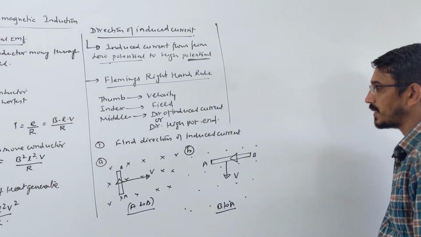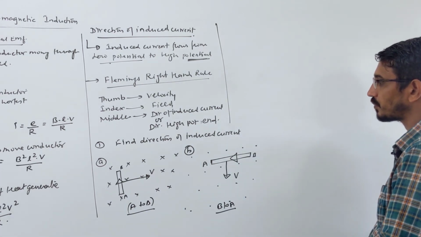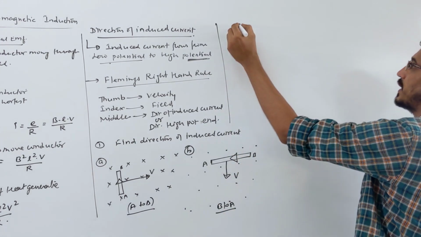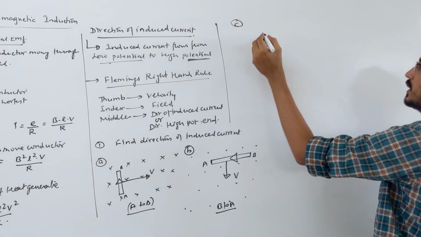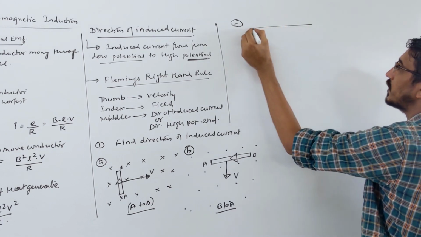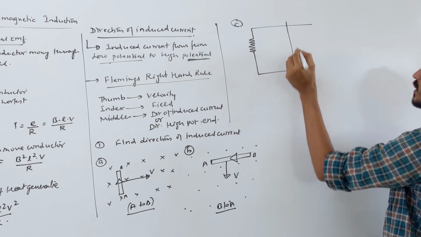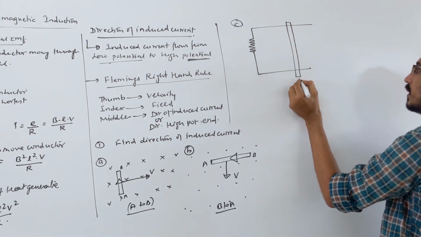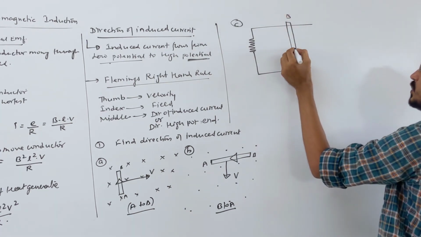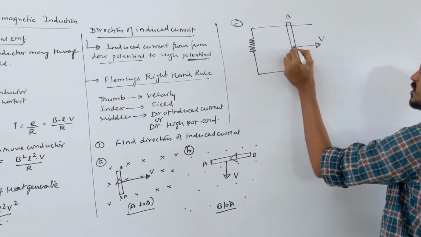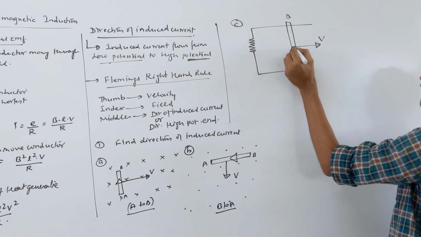Okay, let's see some more examples. Suppose I give the direction of the current, then I'll ask you for the field. Let's see this example. Say this is some resistance and this is some conductor, with ends A and B. Suppose this conductor is moving in this direction, velocity given to you, and this is the direction of current in it, upward.